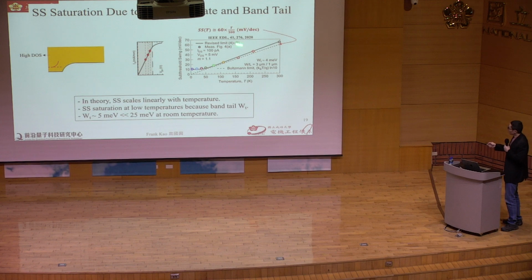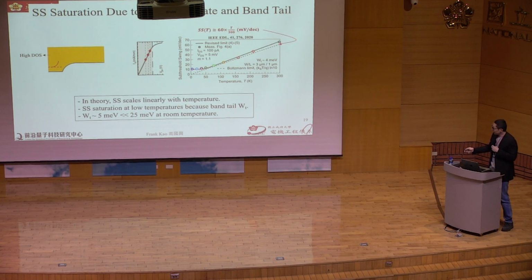According to this formula, this is ideal, and your slope can be decreased linearly with temperature. But the reality is not perfect. So that's the measurement result. Your swing at first can scale linearly with temperature at higher temperature, but beyond a certain low temperature, the swing saturates.